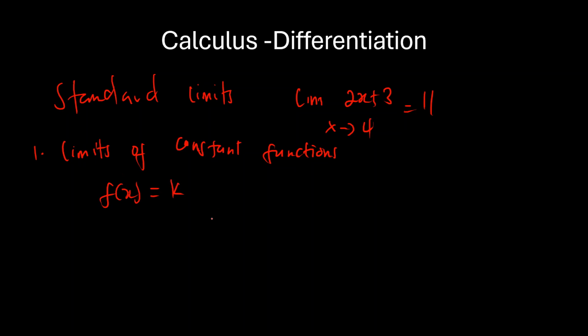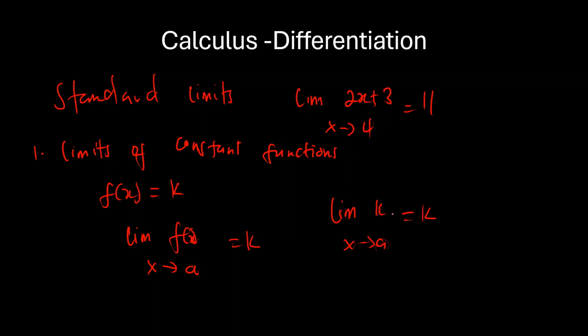If k is a constant, then the limit of f of x as x approaches a is equal to k. Remember, f of x is k, so we are going to have limits of k as x approaches a equals k, where a is any value.